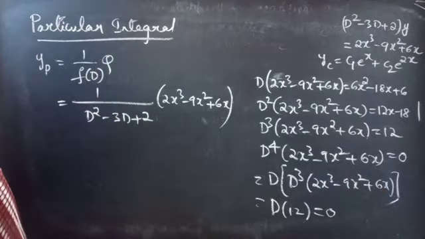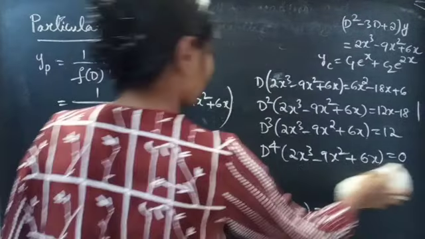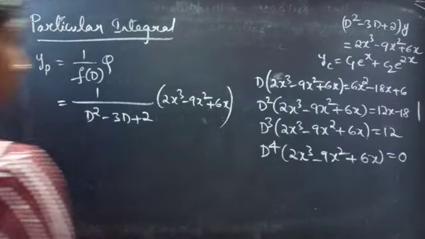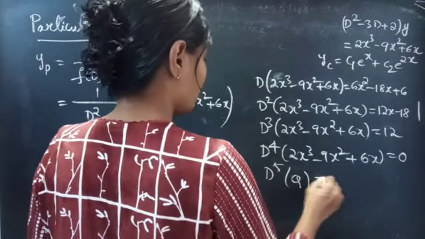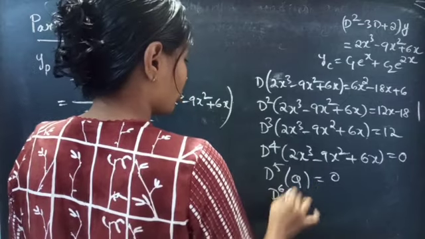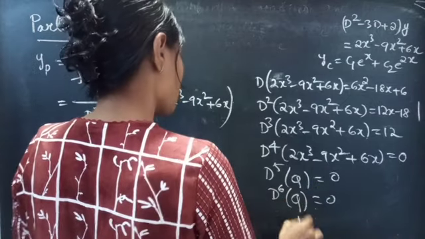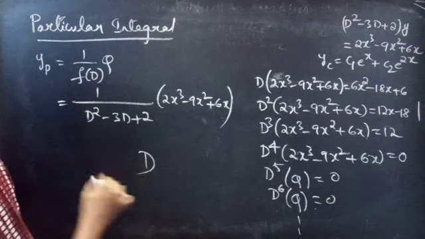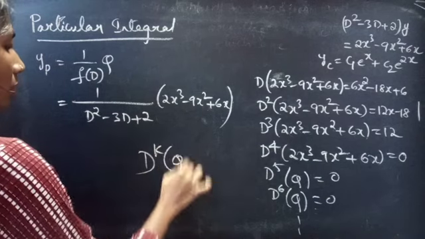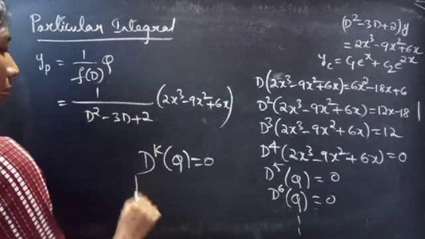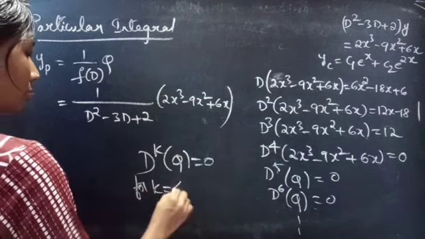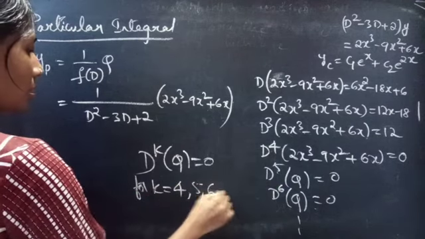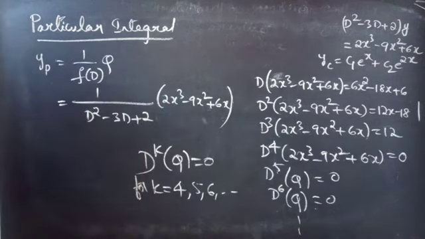So from here we'll get higher derivatives 0, 0, 0, 0, right? That is, D power 5 of Q is 0, D power 6 of Q is 0, and so on. Which is nothing but, in general, D power k of Q equals 0 for k equals 4, 5, 6 and so on, right?